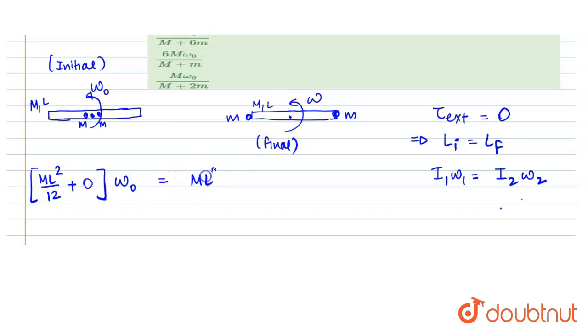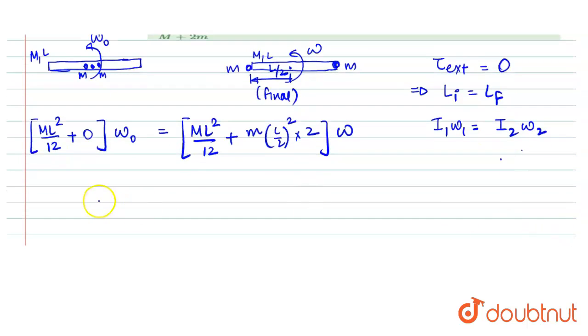The moment of inertia of the rod would be ML square by 12 only. Now the moment of inertia of one mass, as it is at a distance L by 2 from the center, will become m d square, where d is L by 2, and same with the other mass as well, as it is also lying at a distance L by 2, so into 2, multiplied by omega, right?